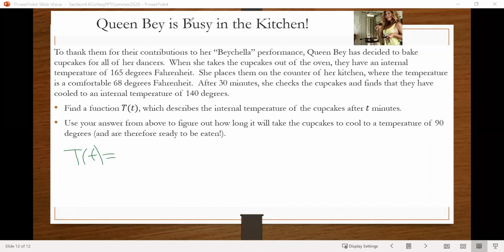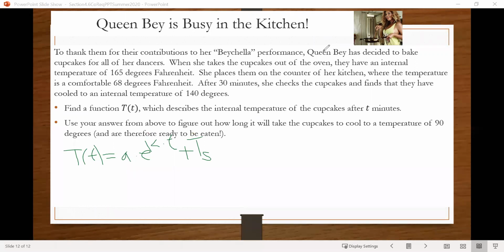So we need to basically work with this, the A times e to the k times t plus T sub S, and find all the missing information here. So that means we need to find the values for A, k, and T sub S. Everything else will stay for now. All right, the first one we can figure, hopefully you see, is that value for T sub S, because remember that is the temperature of the surrounding environment.